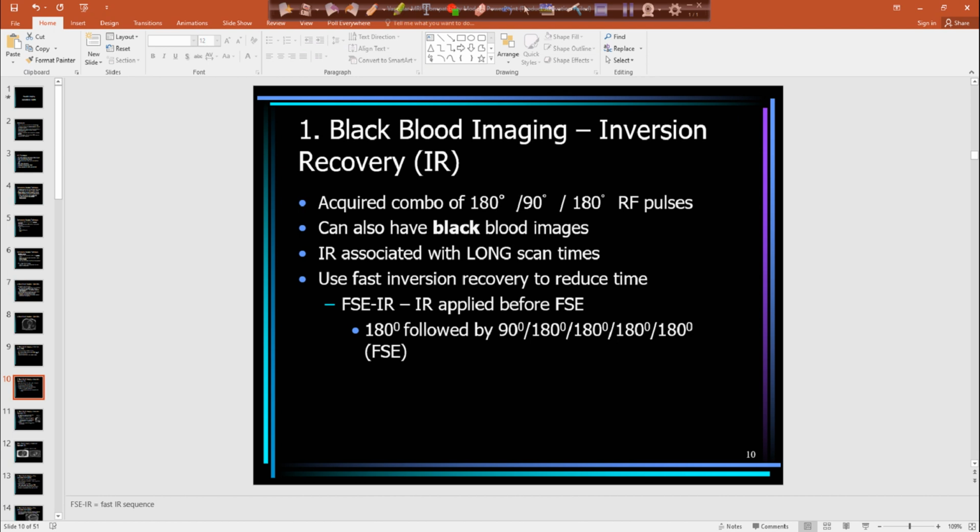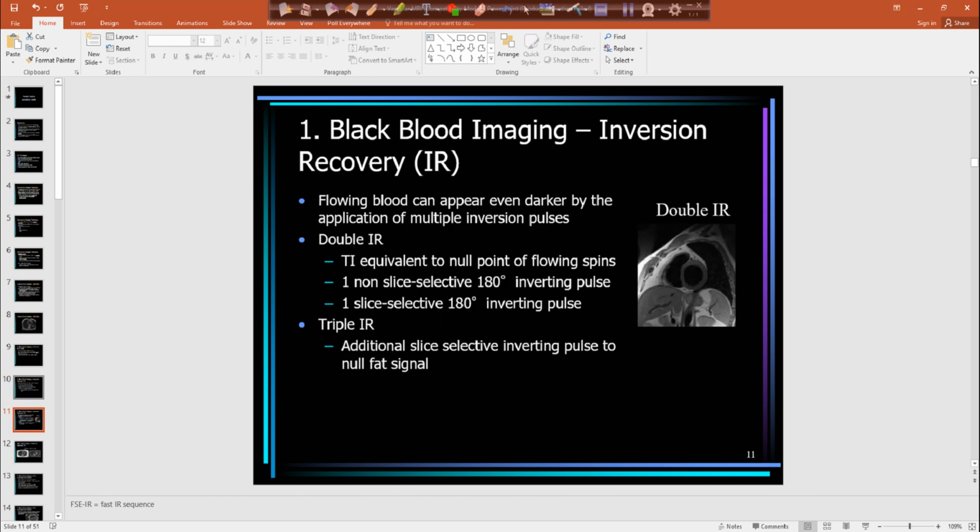This is just a reminder that our inversion recoveries are typically also a fast spin echo. Sometimes we utilize double and triple inversion recoveries to really make the blood within the heart chambers dark, so that we can see maybe an infarct.